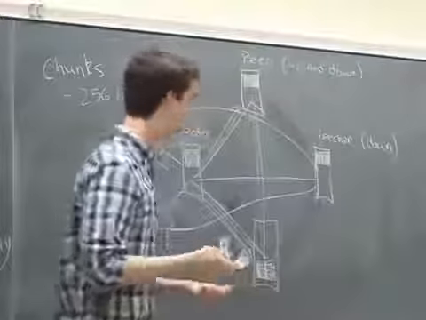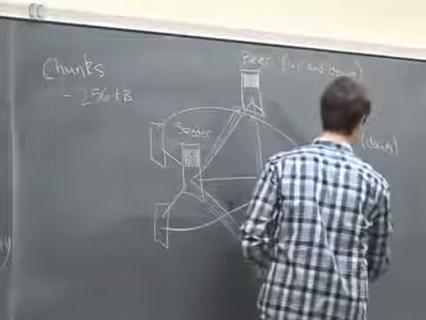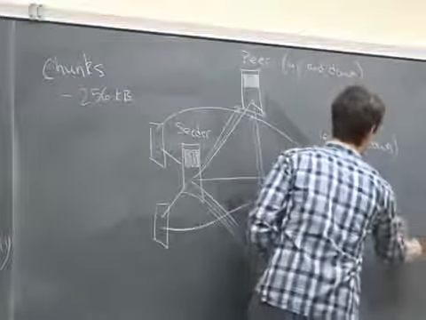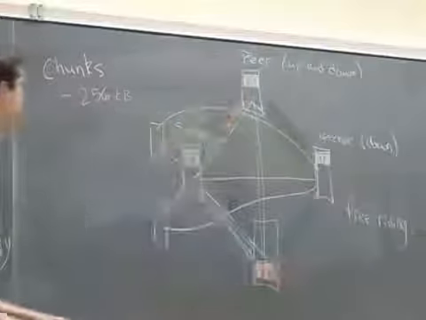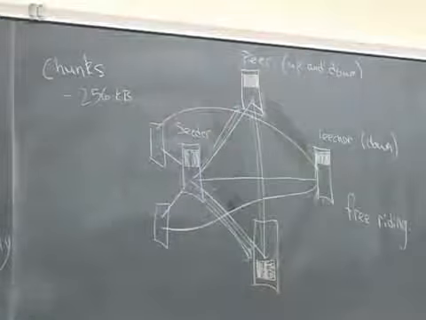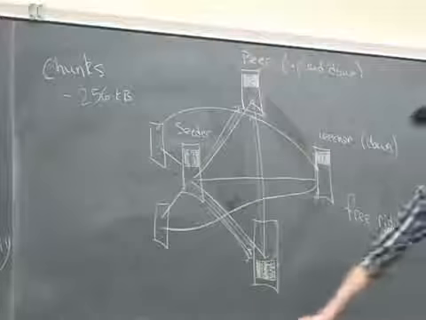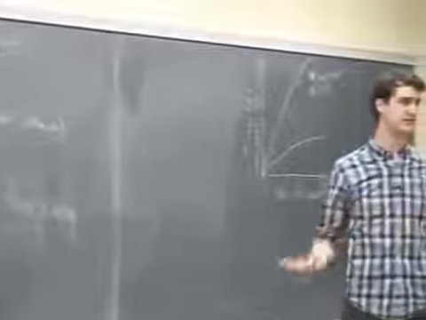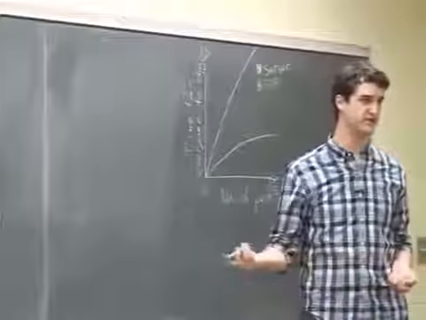So this problem is known as free riding, because some nodes are able to get away without sharing. Yeah, so this brings up one final point before we take a break: how many times does the seeder need to actually seed the file, like send the file to somebody else?